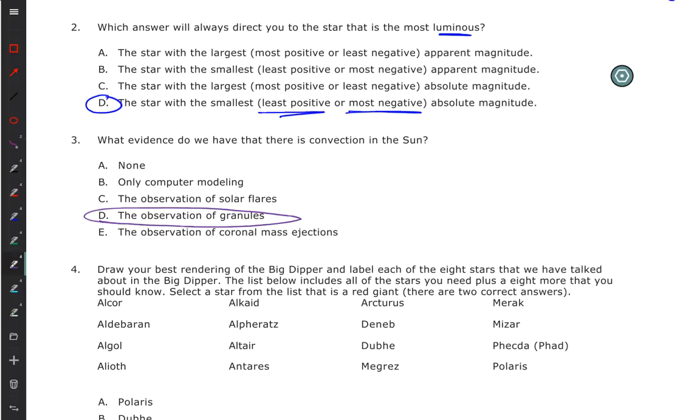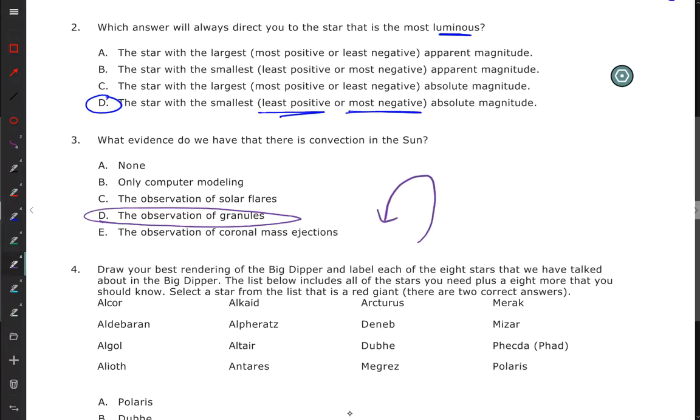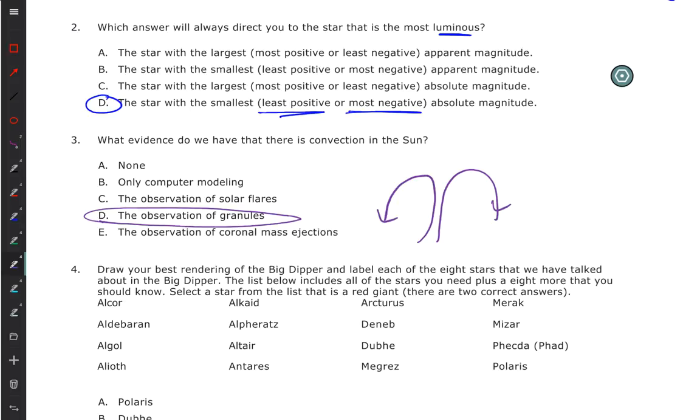You'll remember from the video and the lecture, the granules have hot material coming up and then going back down. So in the center you have the hot material rising up, so they're brighter there because it's hotter. And then it's going down at the edges, where it's cooler. And so that's evidence that there is convection. It's direct physical evidence. We also have computer modeling, but the computer modeling is not evidence of it. It's telling us from all the physics we understand it should be there.